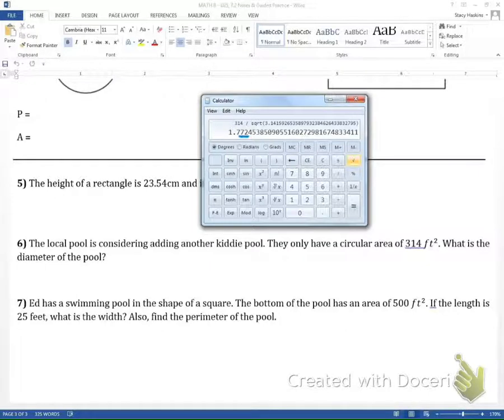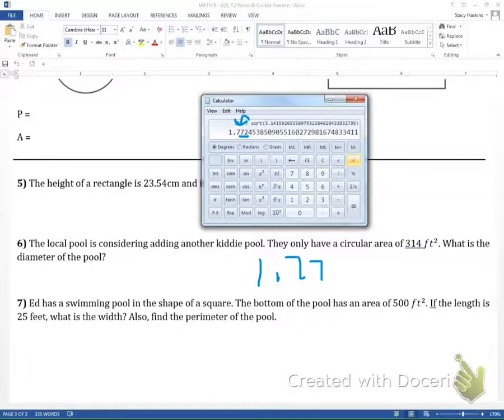Well, my hundredth spot is that second 7. What number came before it? The 2. Well, 2's not higher than 5, so it would just be 1.77.